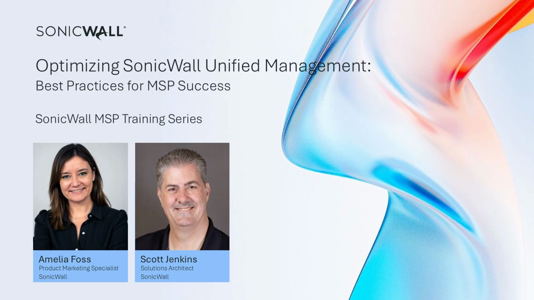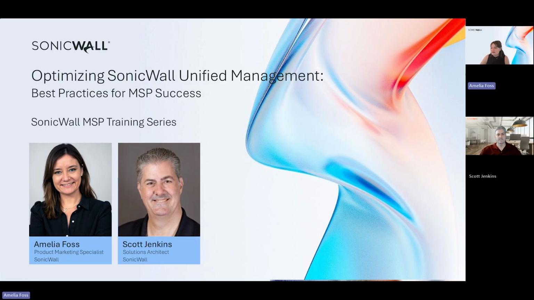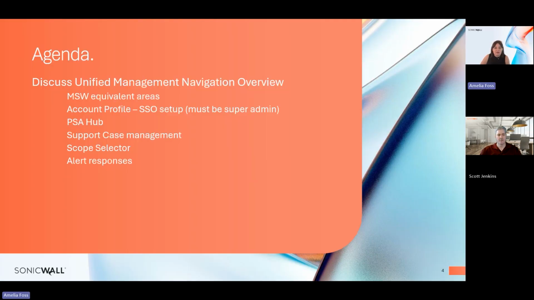Today's session is focused on SonicWall Unified Management and how it's purpose-built to support our MSPs managing multiple customers, environments, and services at scale. We'll start with a quick navigation overview so you can get familiar with how the platform is structured and where the key functions live.